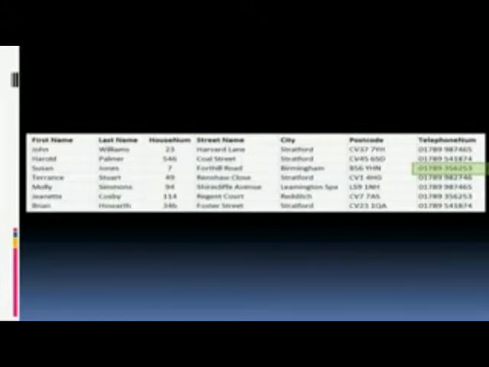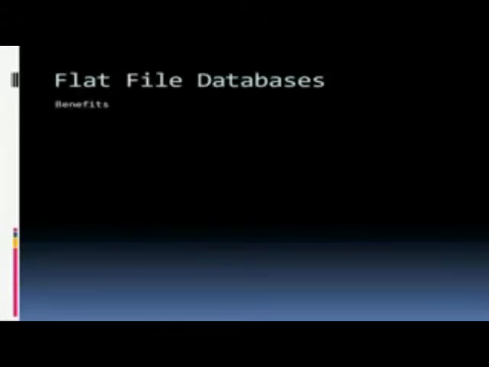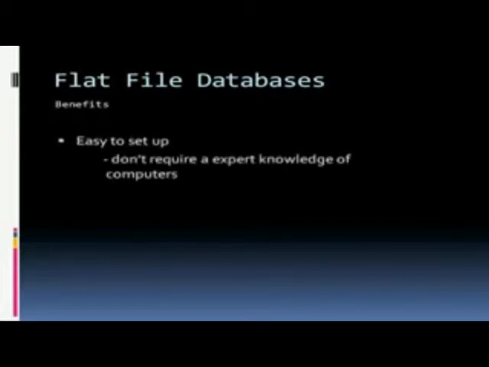Okay, let's take a look at the benefits of the flat file database system. Firstly, a flat file database is incredibly easy to set up, since all they are is a text list of information at their simplest, and at their most complex all they really are is a single table in a database or a spreadsheet.